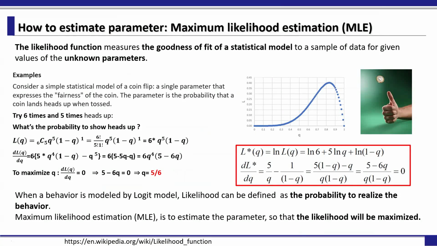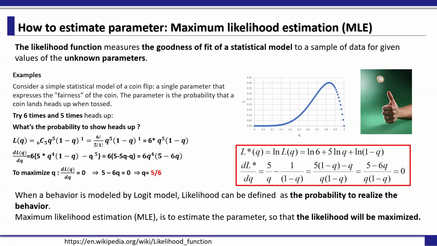This is to show the goodness of fit of a statistical model to a sample of data for given values of the unknown parameters. Then this example: you make a coin toss 6 times.